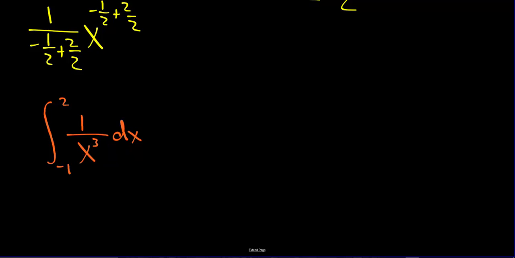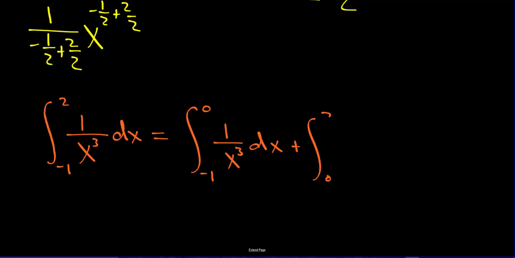So what we do is we identify where you have the problem. The problem child is at x equals 0. So here's what we need to do. We need to go from negative 1 to 0, 1 over x cubed. Okay. And then I want to go from 0 to 2, 1 over x cubed.